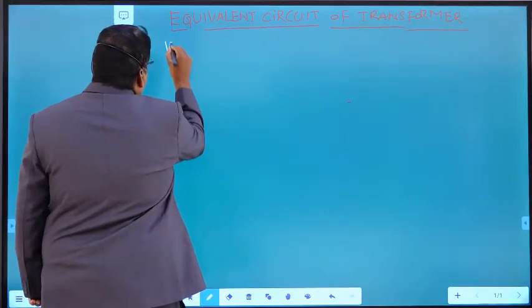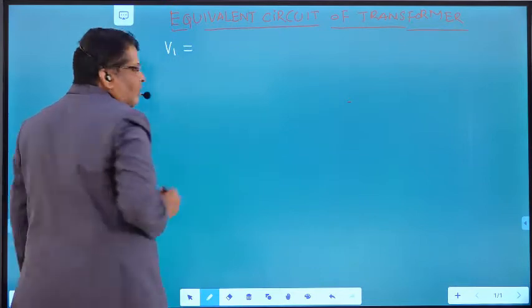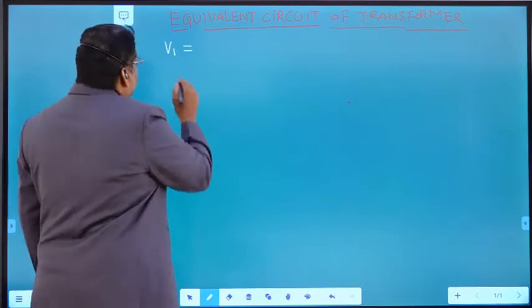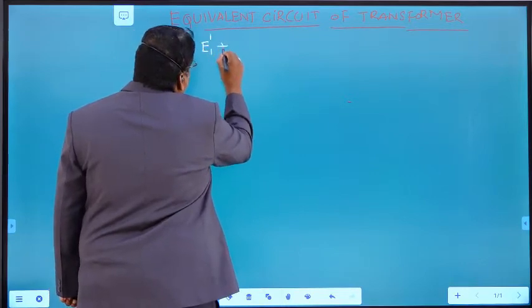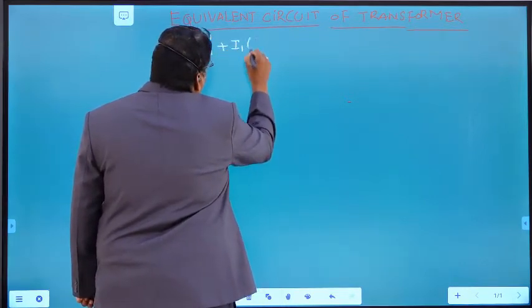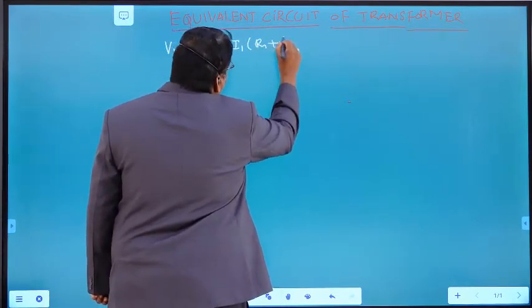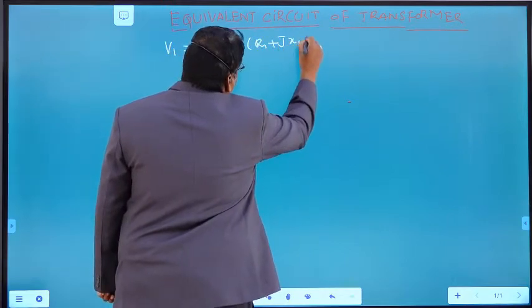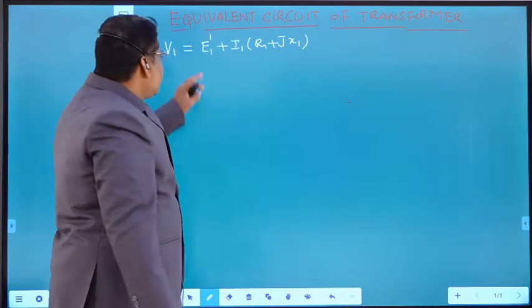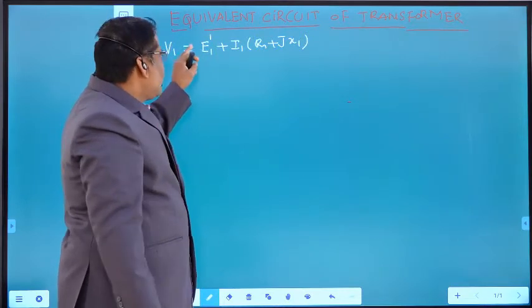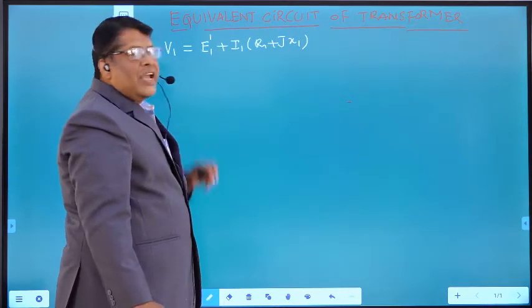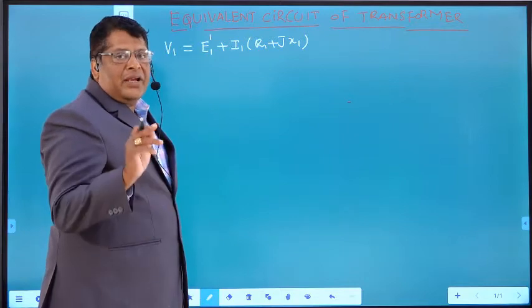V1, the supply voltage, equals E1 dash plus I1 into (R1 plus jX1). Here E1 dash is the voltage drop in the primary winding due to the self-induced voltage, whereas I1 is the primary current.